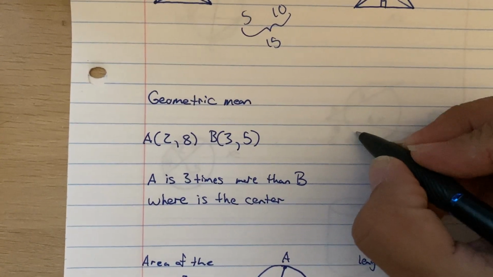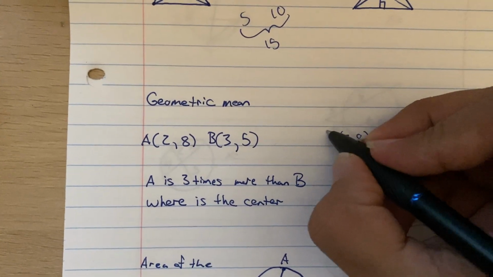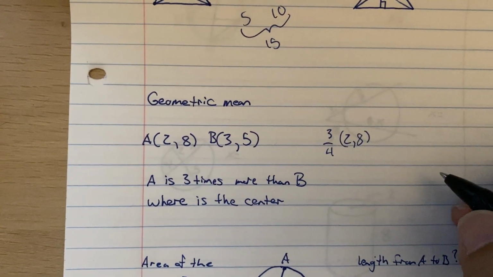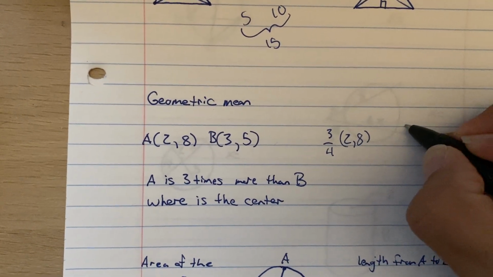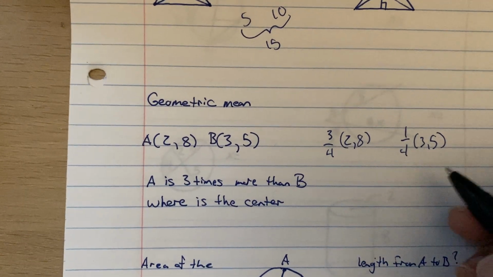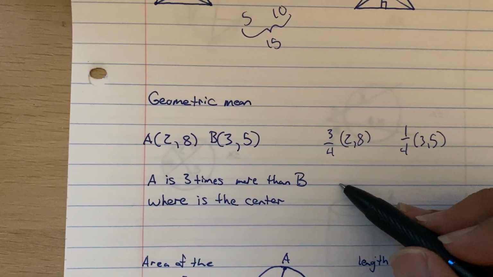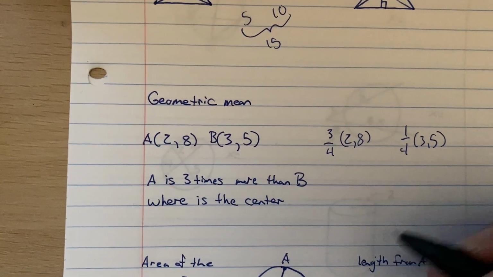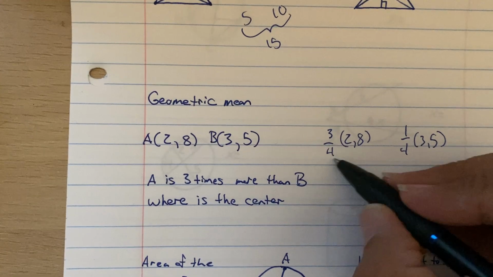So A, which is (2, 8), is going to get multiplied by 3/4. Okay? And the other one, which is B, is going to be multiplied by 1/4. And once we find these and add them together, the x's and the y's, we will have our geometric mean.